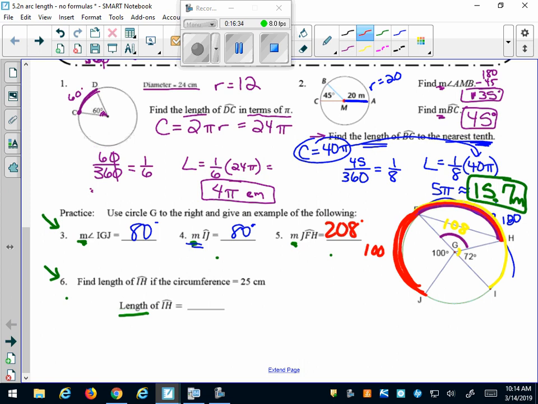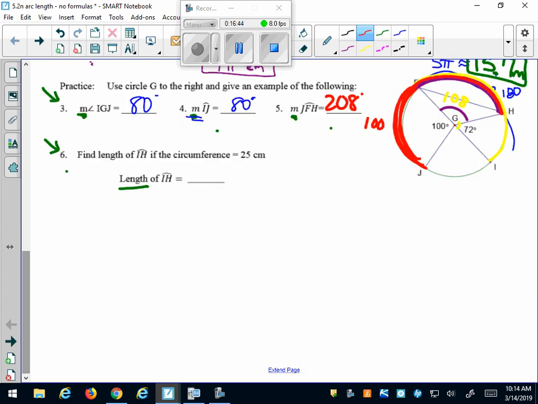Okay, number 6, find the length of arc IH. Well, if we know that the measure of arc IH is 72, 72 out of 360 is what fractional part? 1/5. 1/5 of the circumference.